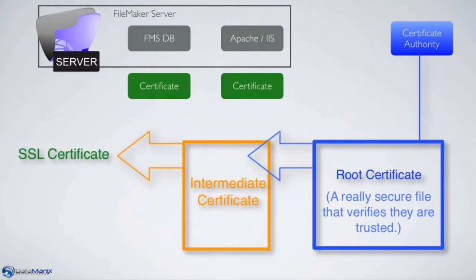It's used by the root certificate authorities, but some of these certificate authorities also have resellers. And a reseller also needs to verify that they are who they say they are. But they are intermediate between the certificate authority and the client itself.